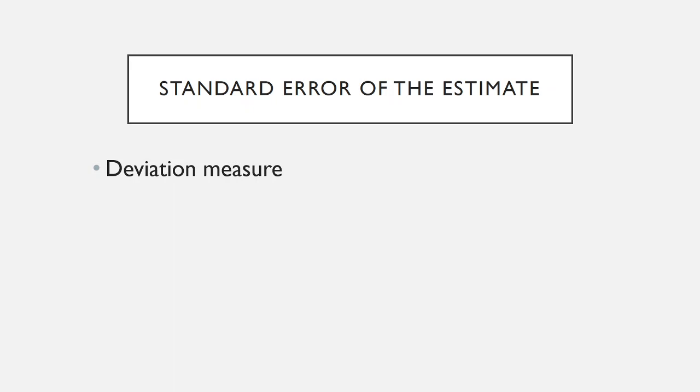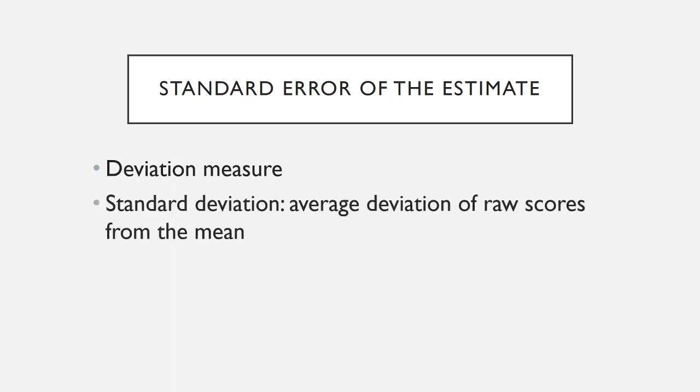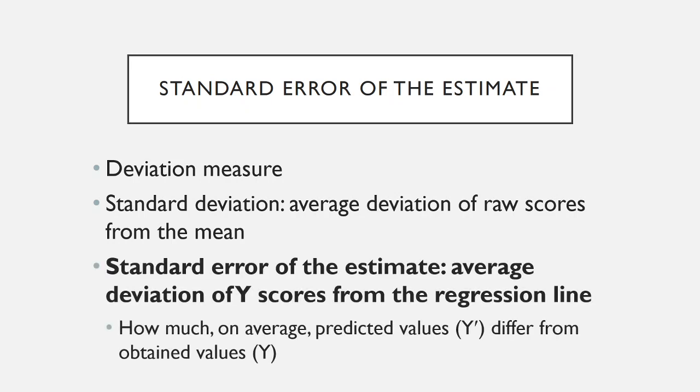So you can think of standard error of the estimate as much like a deviation measure. As opposed to standard deviation, whereby we're taking raw scores and evaluating their distance from a single number, the mean of that series of scores, standard error of the estimate is instead going to be the quantification of the deviation of your actual y-scores from where they would be predicted to fall based on the regression line. So essentially, the distance of y from y predicted. This is going to quantify the distance of your actual y-scores from that best fit line.